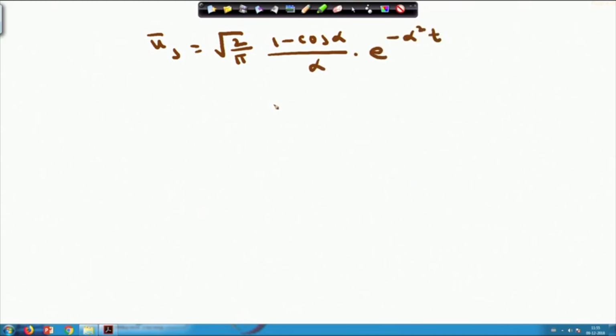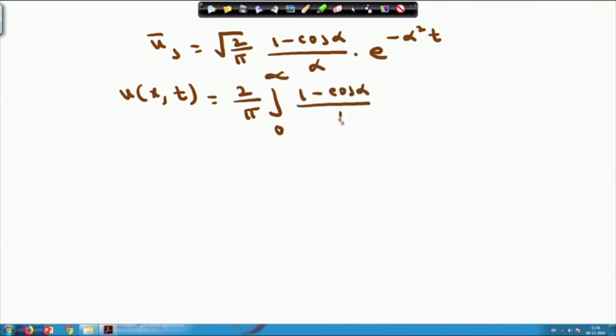Once I have obtained u bar s in terms of alpha and t, now I can write down u x t using the inverse sine transform. So root over 2 by pi is already there, 2 by pi will now come, integral from 0 to infinity of 1 minus cos alpha by alpha into e power minus alpha square t into sine of alpha x d alpha, and you can evaluate this integral and obtain the result.